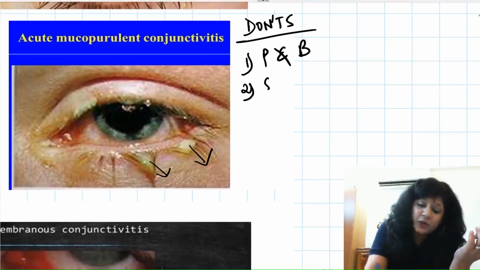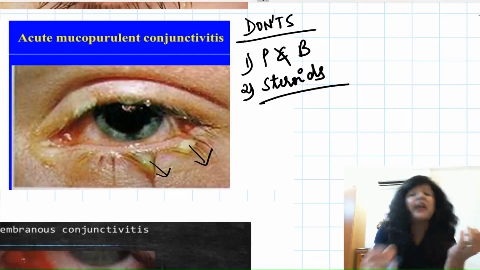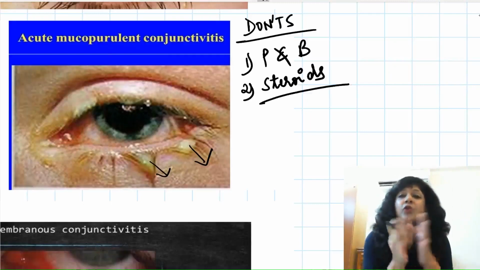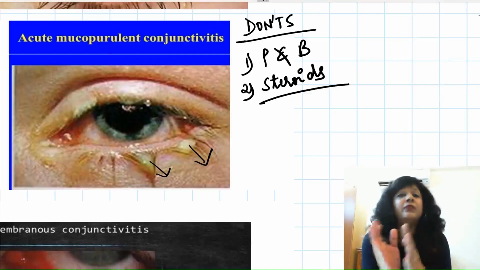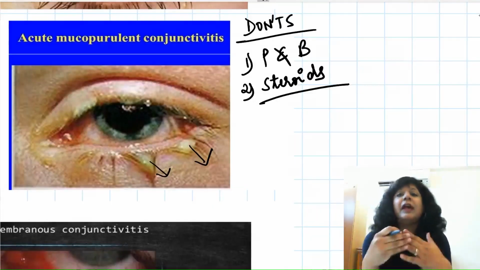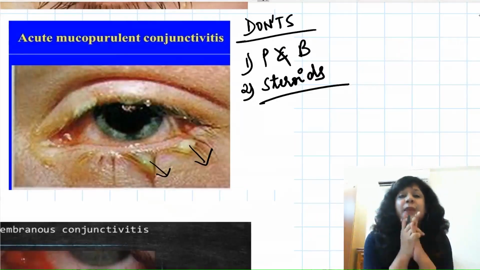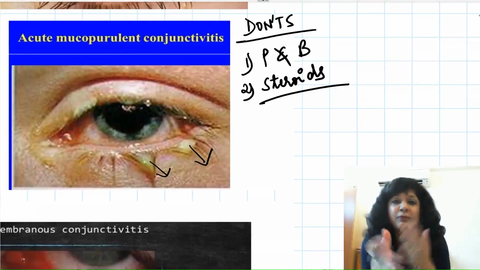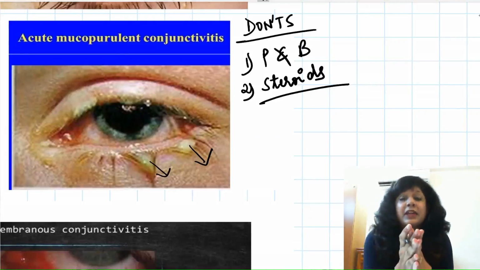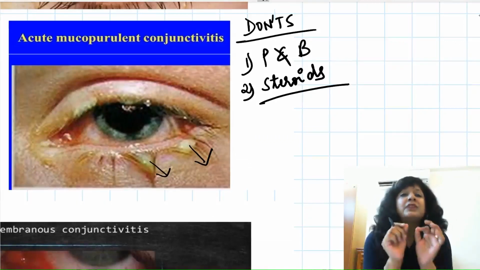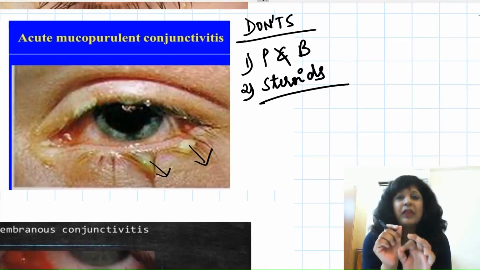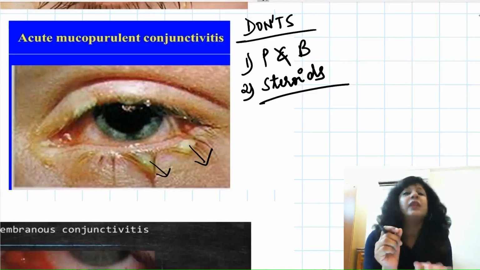Number 2, the steroids. Obviously you don't have to give steroids, and this again I will emphasize, because all of you will not become ophthalmologists in the future, and because of the practice in India that every person will first go to a physician before going to the specialist. So even if you are prescribing an eye drop and you are not an ophthalmologist, please don't give steroids.